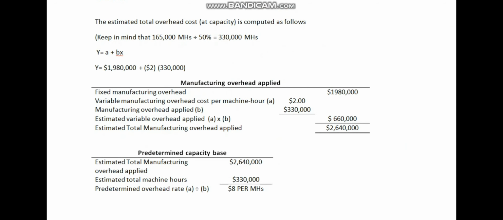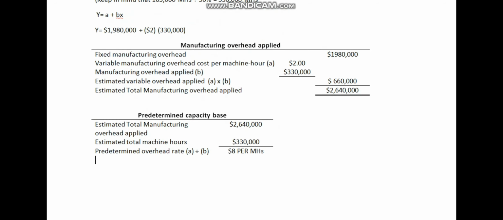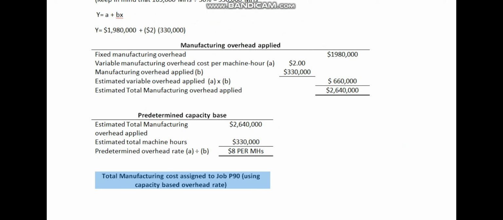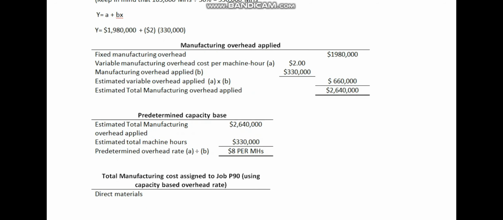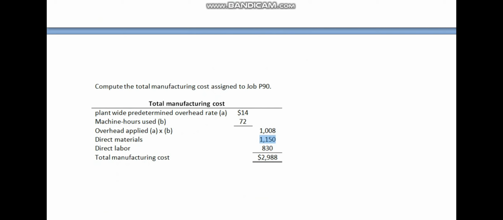Now we're going to calculate the total manufacturing cost. That was the previous one which you just saw, using this predetermined overhead rate. So total manufacturing cost assigned to job P90 using the capacity based. So direct materials is here, $1,150. Direct labor is right here, $830.